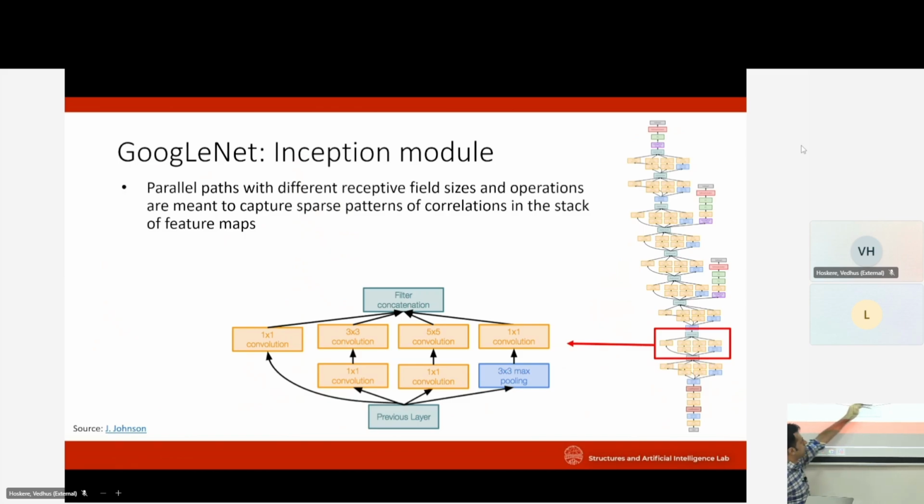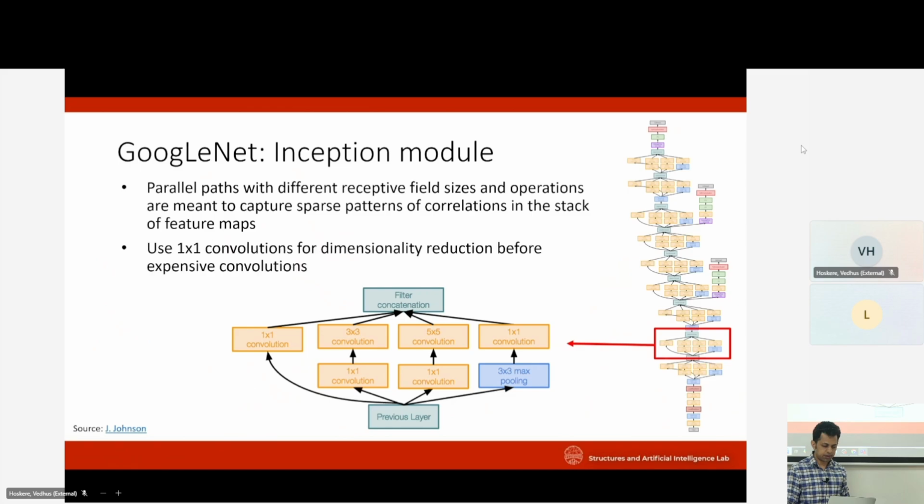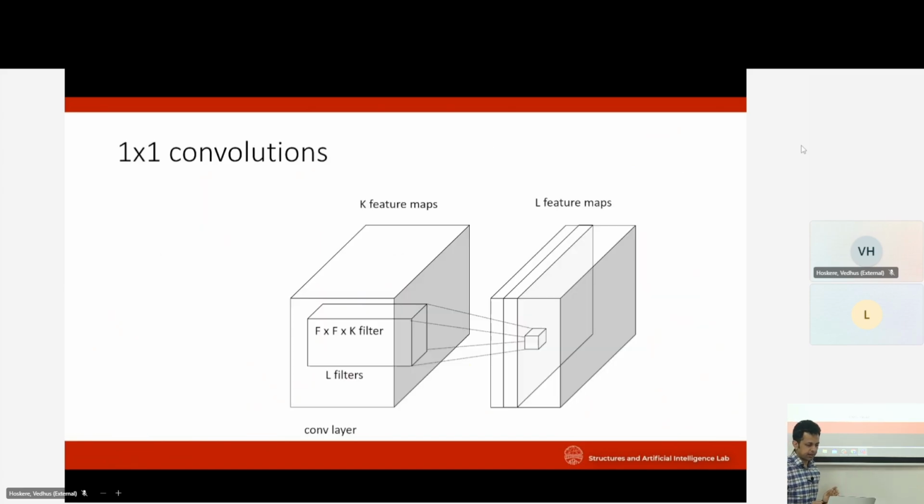So you do the initial 1-by-1 convolutions. The idea with the 1-by-1 convolution is you're trying to reduce the number of feature maps, and then you do 3-by-3, 5-by-5 convolutions. When you do a 1-by-1 convolution, you can collapse L filter maps into a single filter map with minimum cost, because you're simply multiplying it by a single number, right?